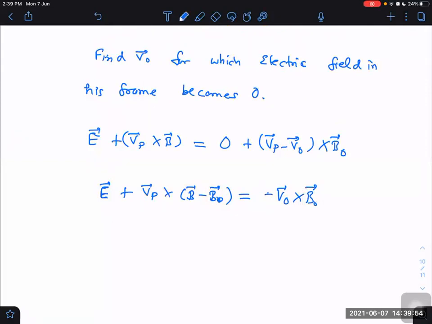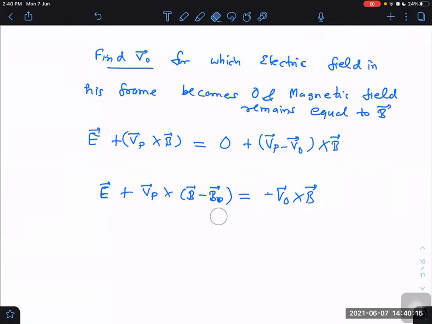I want to find the velocity VO for which the electric field in his frame becomes 0, and I can add one more thing, that the magnetic field remains equal to B only. Then I will just keep it as B, and then I can get the value of VO.